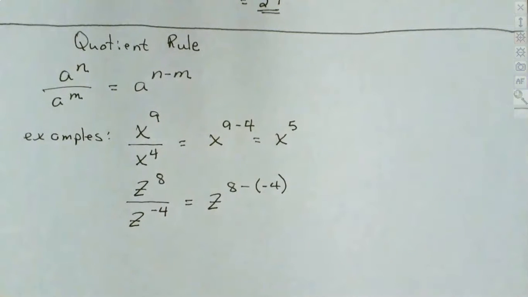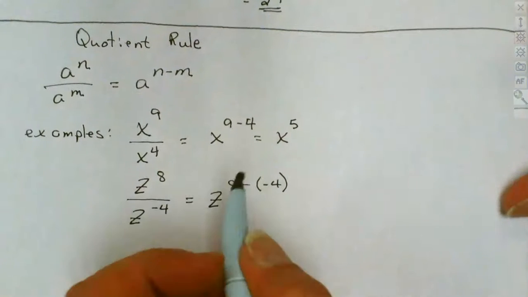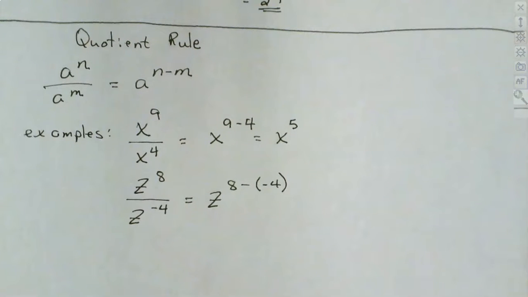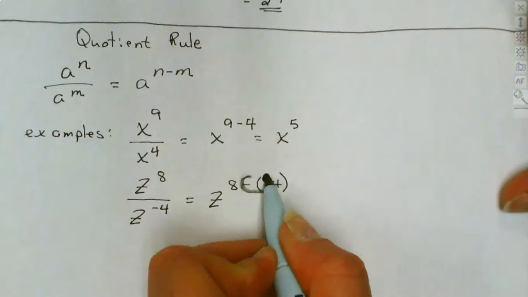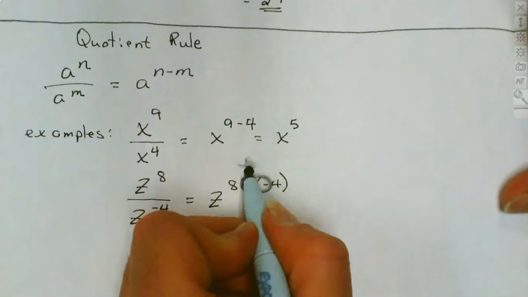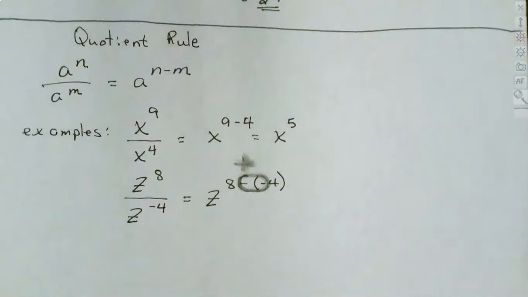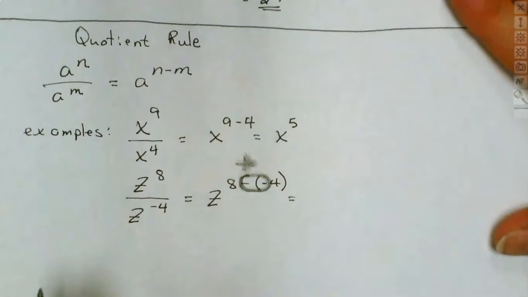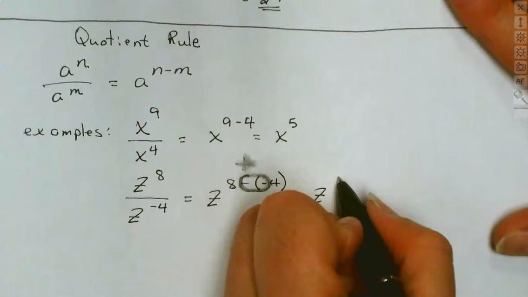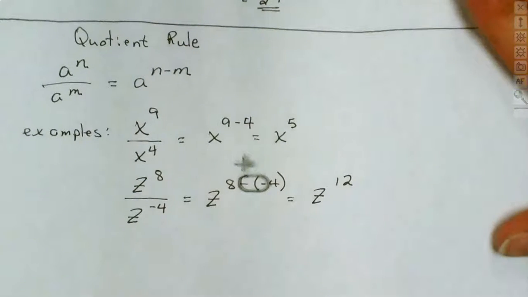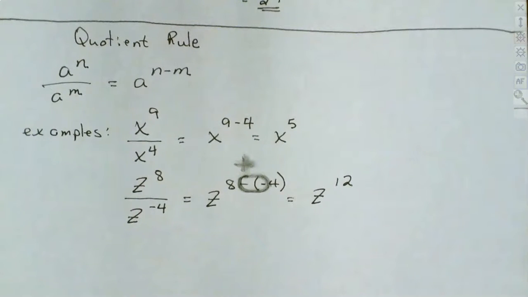And what happens with a double negative? Well, that double negative is going to make it positive. Okay, so this here comes out to be a positive. What's my final answer then? 8 plus 4, that makes it a 12. So I would have a final answer of z to the 12th power.